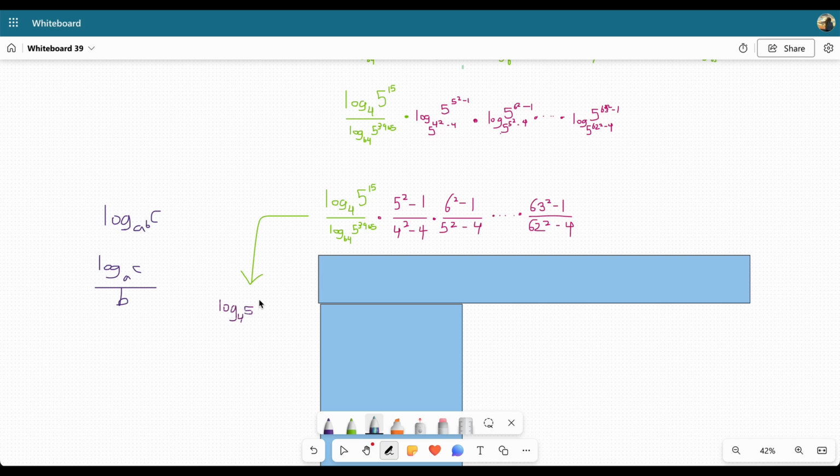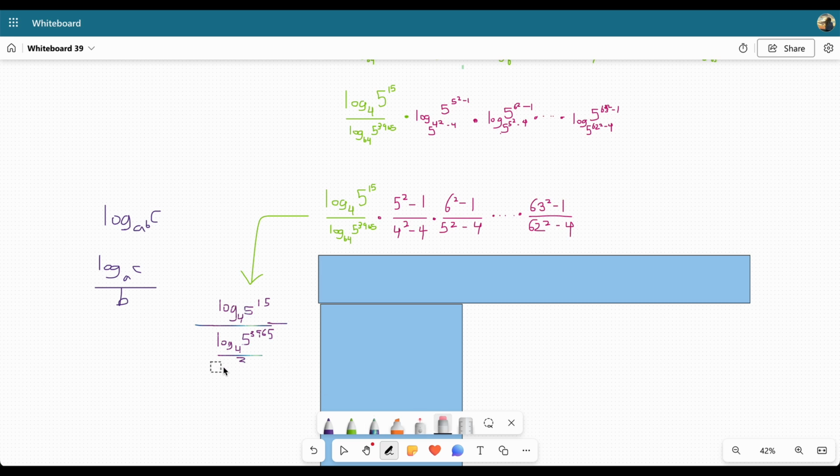You can write this as log_4 5^15 over log_4 5^3965, and this over 3. So this is the longer fraction.